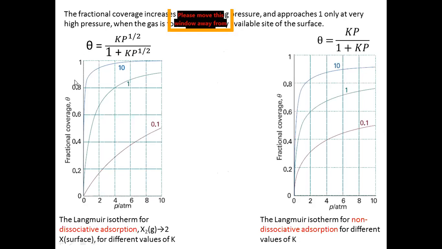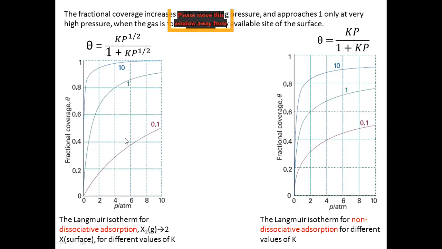If the graph is plotted between the fractional coverage theta versus the pressure, at different values of K, maybe there are three different K values, 0.1, 1, and 10. And in a similar way, the value of K is 0.1, 1, and 10. So all the conditions are the same.